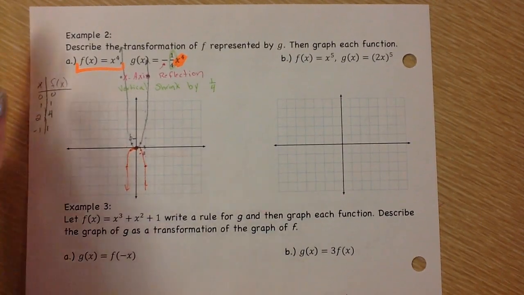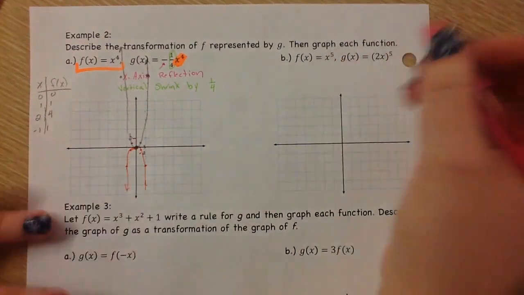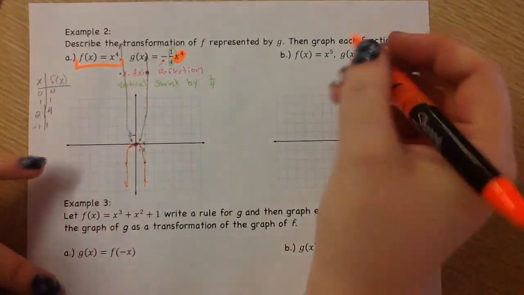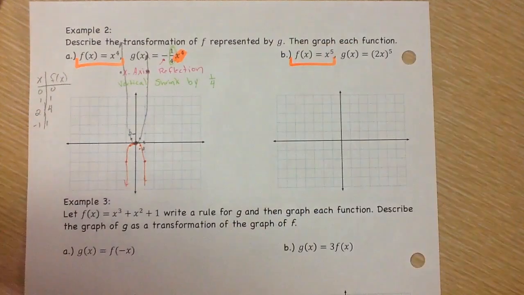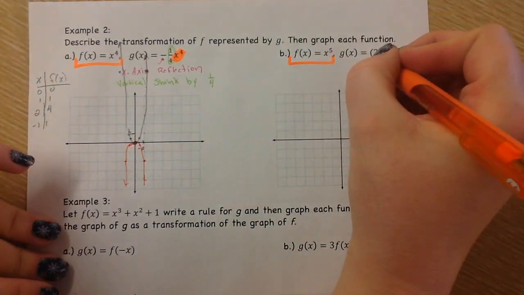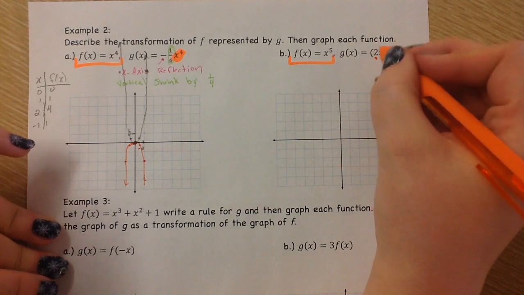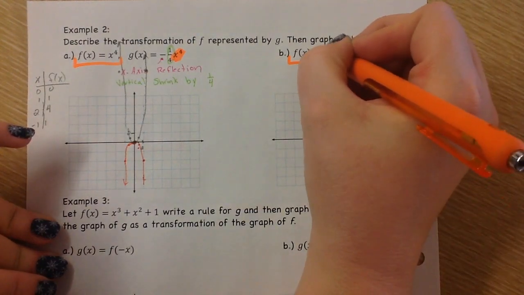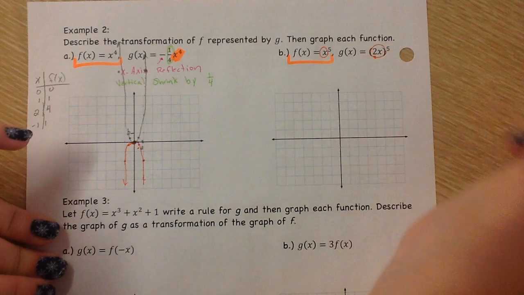Now on this next one, here's my parent function, f of x equals x to the 5th. This 2, if you notice, where's it located? It's on the x. They took this x and replaced it with a 2x.